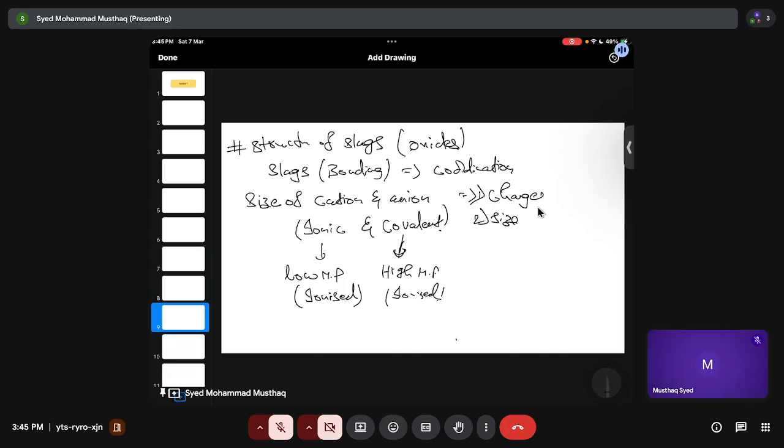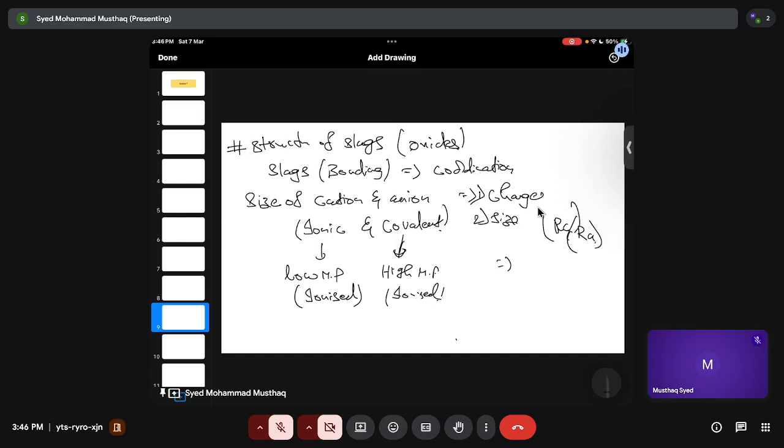So what does coordination say, right? Let's say for example, my cation RC by RA, that means the radius of the cation divided by the radius of the anion, right? If my radius of cation is large when compared to the radius of anion, then I will be surrounded by more oxygen atoms, right?